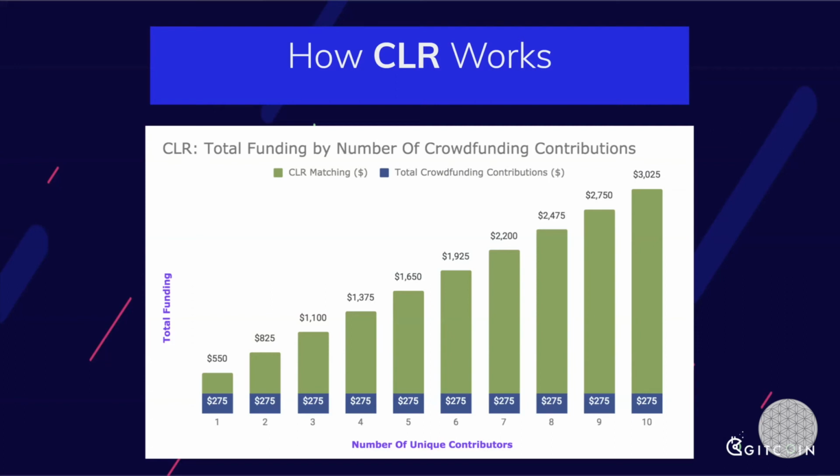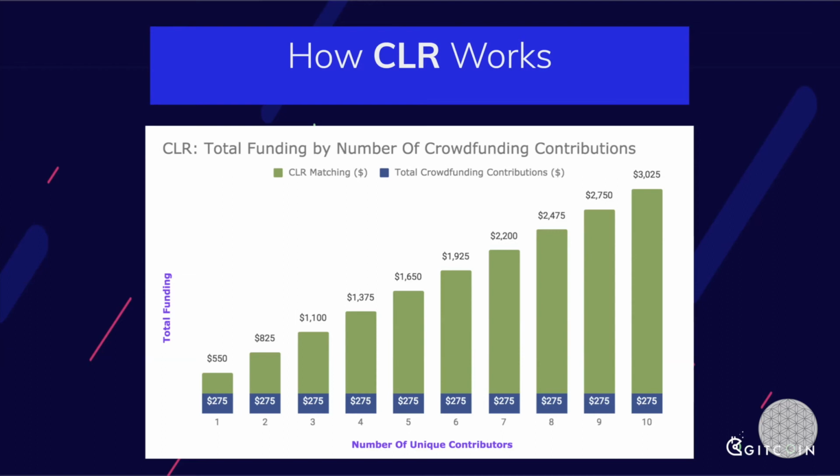If this was a one-to-one matching system, they would only be able to match 550 total dollars, 275 matched with another 275. In this model, if we had, say, 10 people donate, that number increases quite dramatically, because what we care about here is the number of individual donors, not necessarily the dollar values contributed. So in the case of 10 donors, the matching amount that's given in addition to the 275 that the community is given is actually over $3,000.